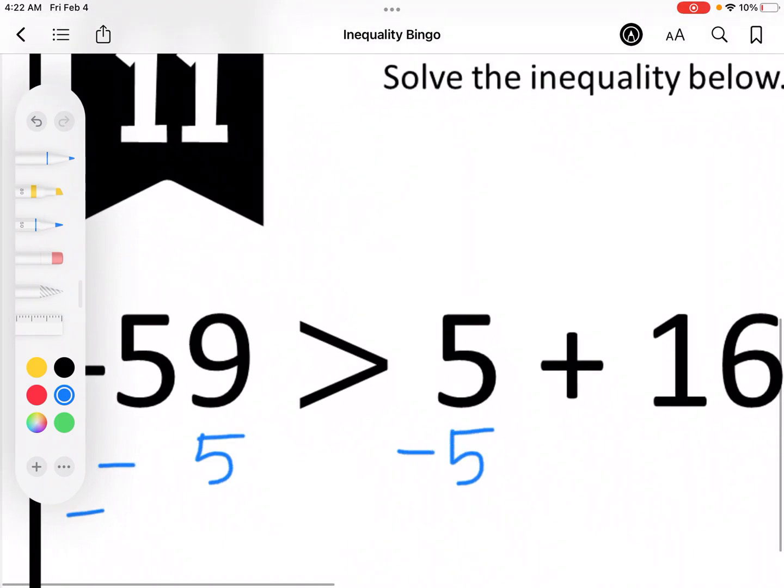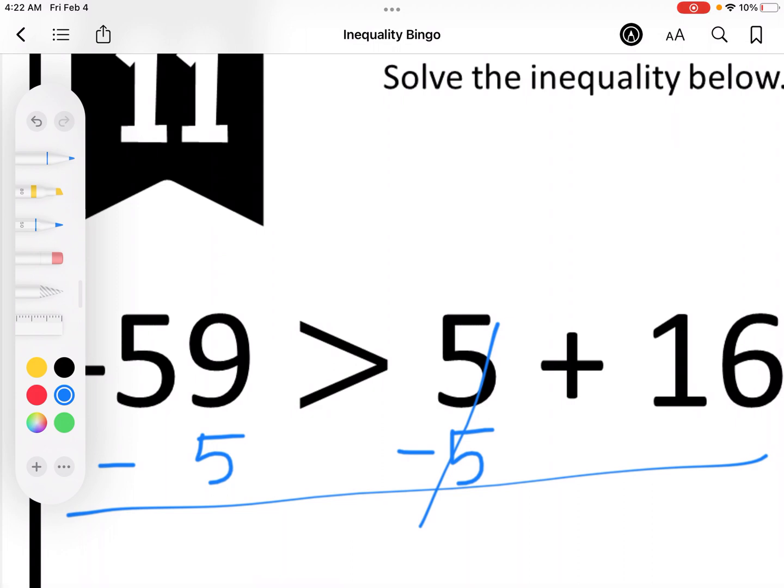So every time you're looking for the constant, the number that's not touching the variable.